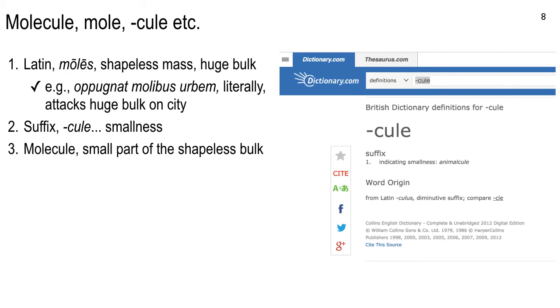We believe that they are there. We've actually measured. We are now very confident that molecules are there. But the atmosphere is this whirling, boiling, seething mass of indeterminate shape, roughly spherical, and coats the Earth. But it's definitely not smooth. It's not a perfect sphere. So you could call it this big shapeless bulk.